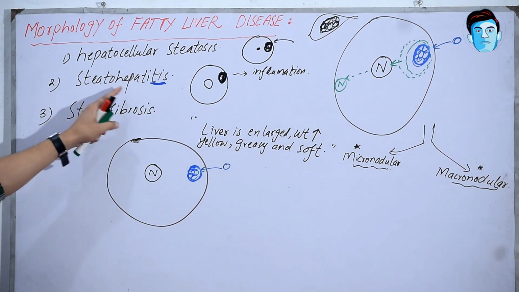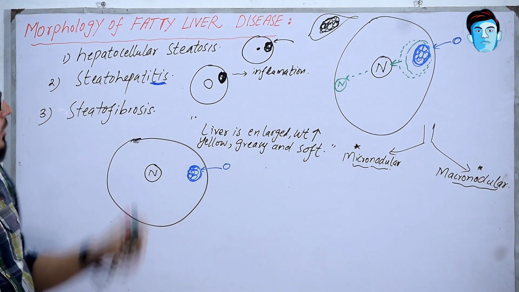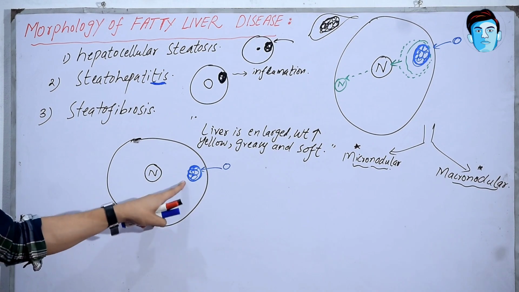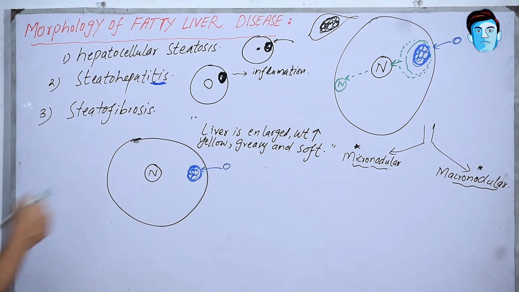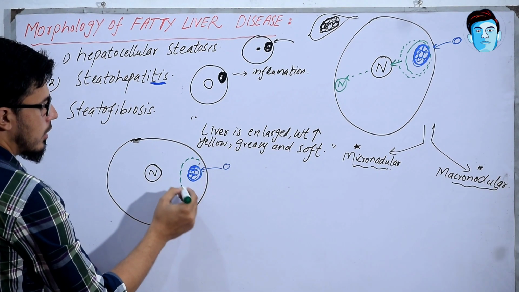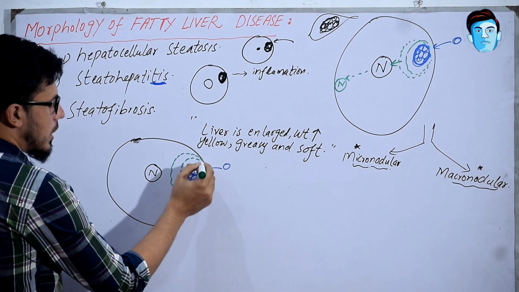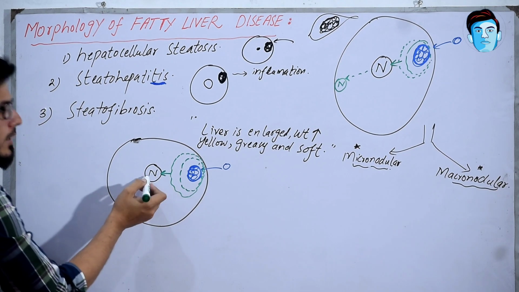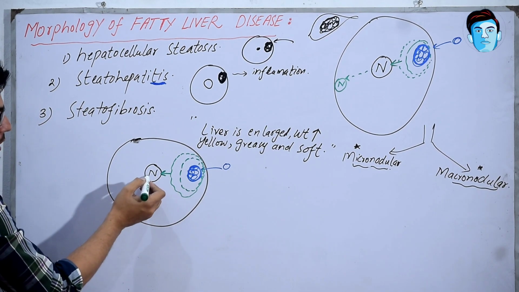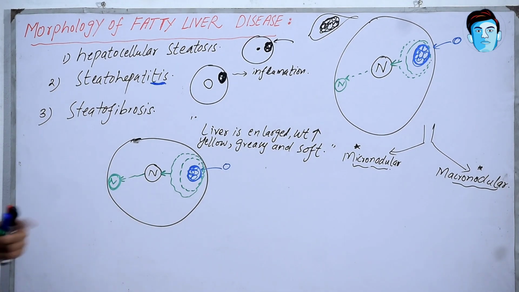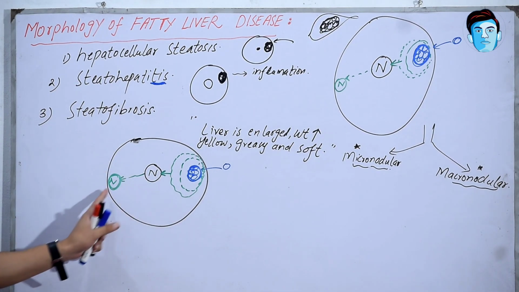Now in the steatohepatitis, what actually occurs? With the passage of time, this fatty globule present within the hepatocyte increases in size further, to such an extent that it pushes this nucleus that is located in the center to the periphery.